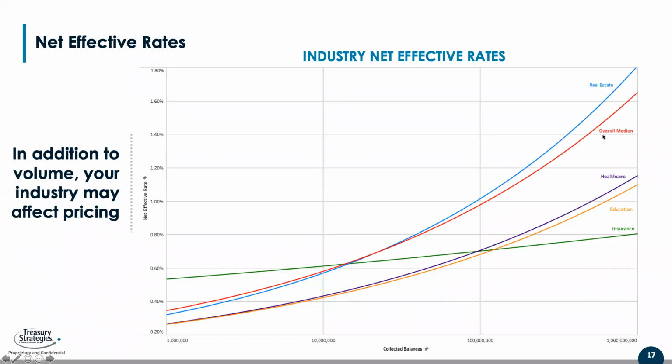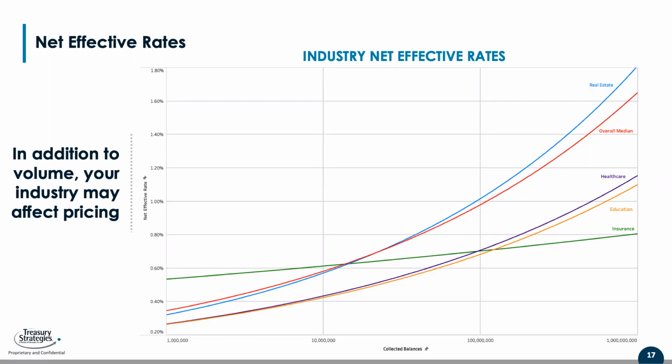And one of the things that jumps out as we dissect this a little bit is this weird outlier here with the insurance companies. At lower balance levels, insurance companies tend to get much higher net effective rates than peers and than the industry overall. But at the higher balance levels, that actually tends to be much lower.